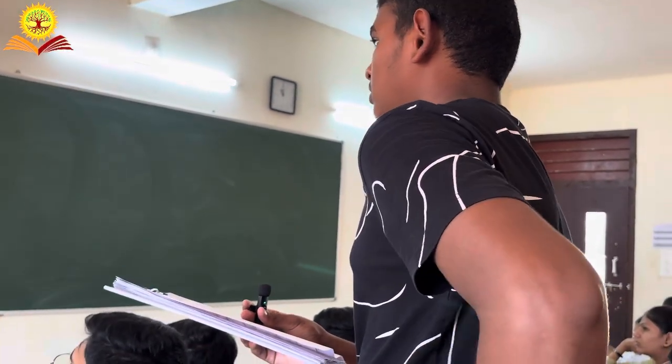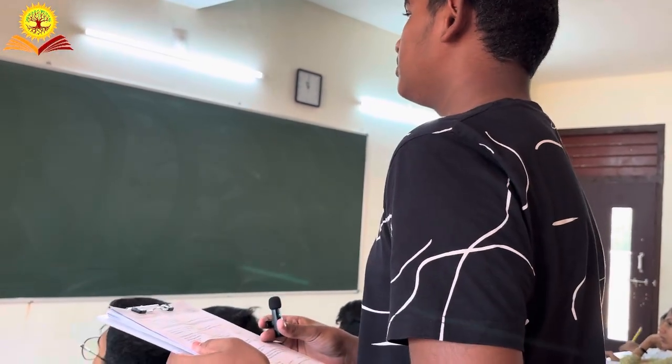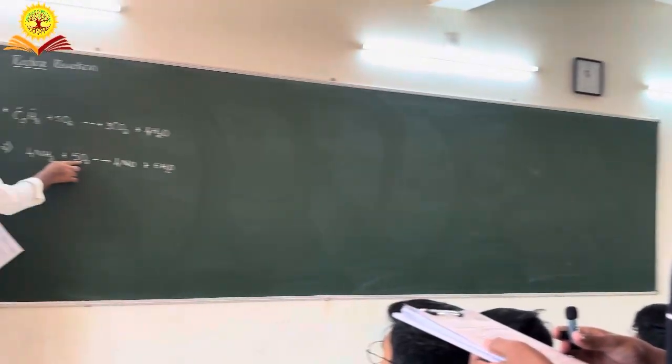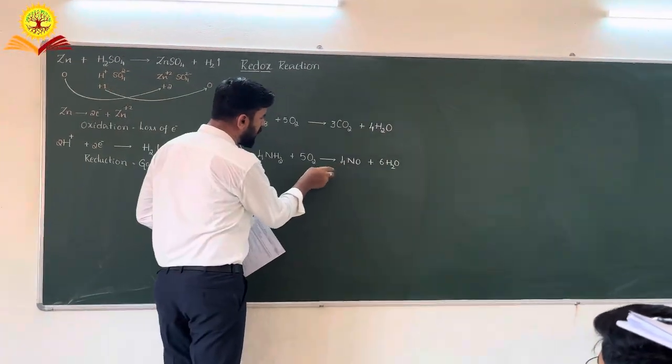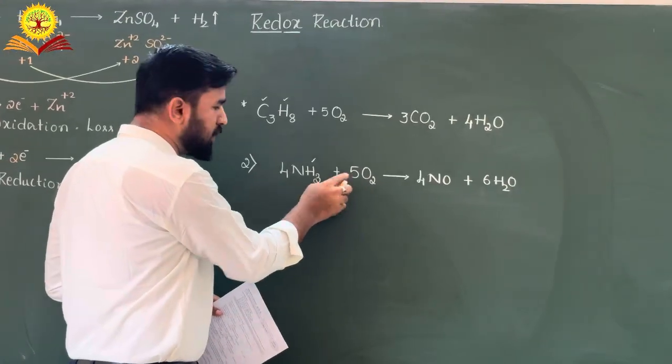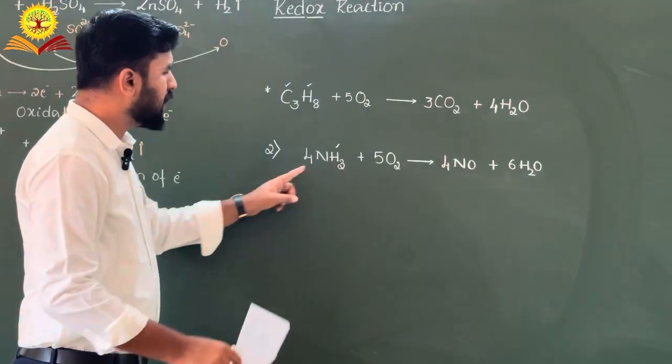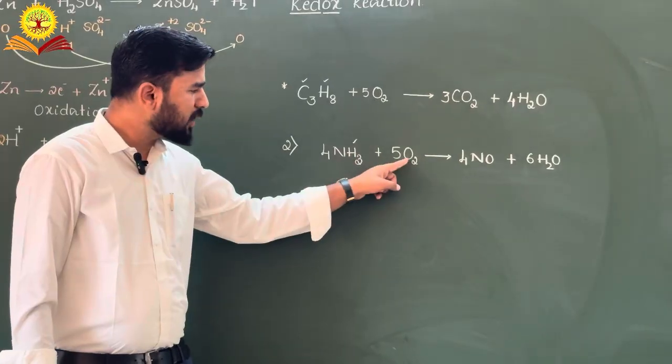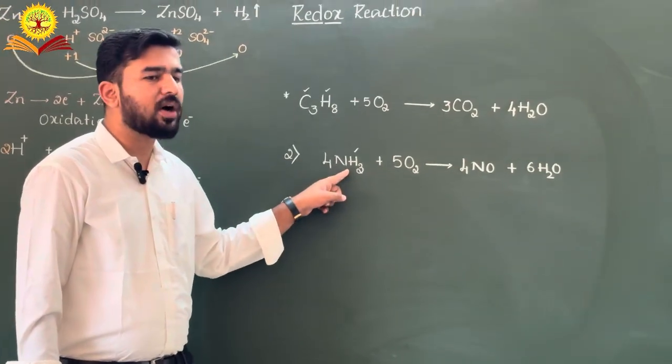Just by looking at the reaction, it is easy to identify that ammonia combines with oxygen. Here you can identify that hydrogen is replaced by oxygen. So this reaction involves the loss of hydrogen as well as the gain of oxygen.